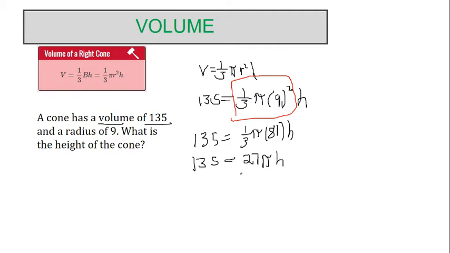If the question was just asking you for a decimal approximation of the height, then there's no problem going ahead and multiplying this 27 times 3.14. The only time I wouldn't want to do that is if I looked at my answer choices, if this was multiple choice, and I saw answers that involved pi, then I would want to leave it exact.